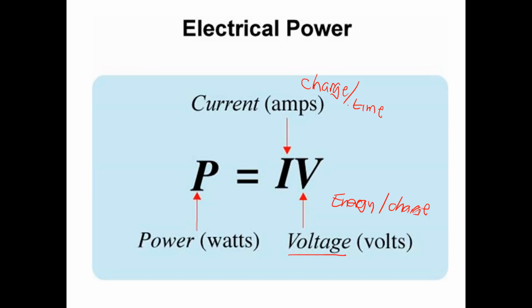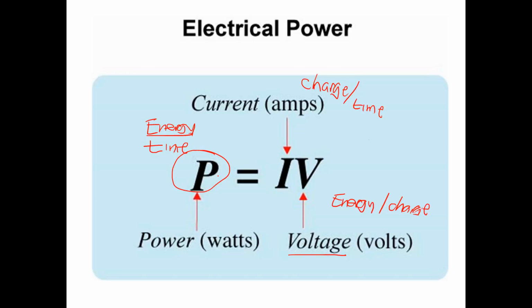So we put that all together, we can see that voltage times current is energy per time, which we looked at in the fitness center lab or topic challenge as our power, which is the change in energy per time.